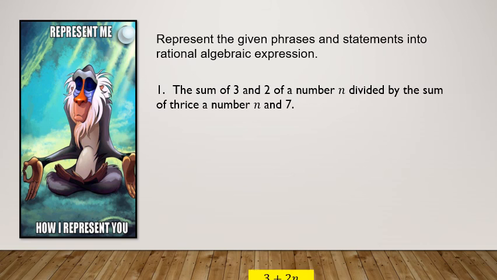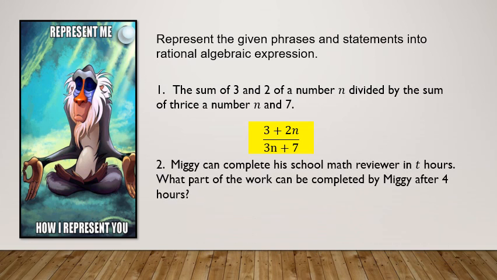Alright, so let's reveal the answer. That's 3 plus 2n over 3n plus 7. Next, number 2. Miggy can complete his school math reviewer in 3 hours. What part of the work can be completed by Miggy after 4 hours?